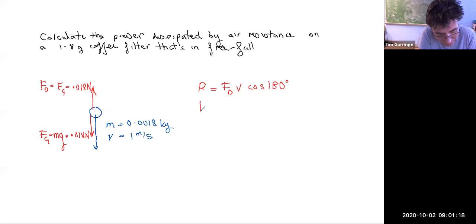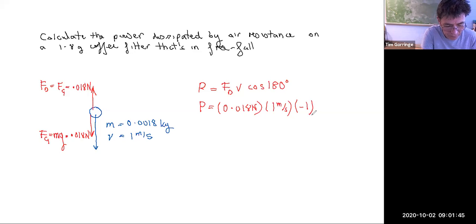So all we have to do is to substitute in the numbers: the drag force, tiny little force for a small coffee filter, 0.018 newtons, the velocity, 1 meter per second, and the cosine of 180 degrees, you remember this, I remember this, -1. And so if we multiply all those things together, we're going to get the power dissipated.